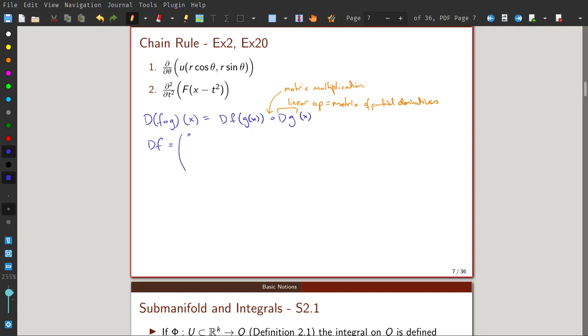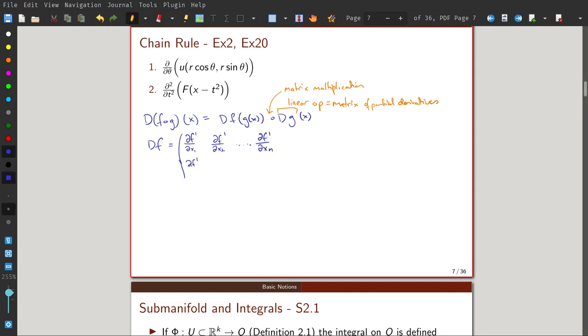If f has several components and is derived with respect to several variables, it goes like this. One goes across. Maybe I'll put some dots, dot, dot, dot. F1 with respect to xn.